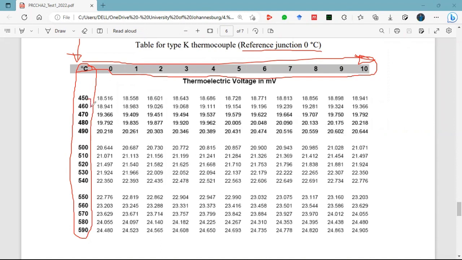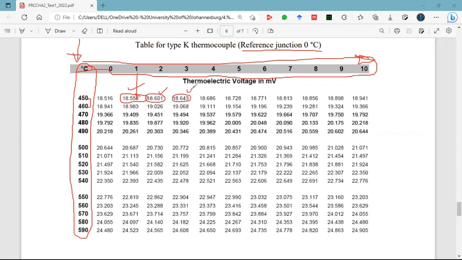And you ask yourself, what if I want 455? These increments are there for that. On the first row, this one here will be 450 plus 1, which is 451. So 451 is represented here, 452 is here, and 453 is this one.